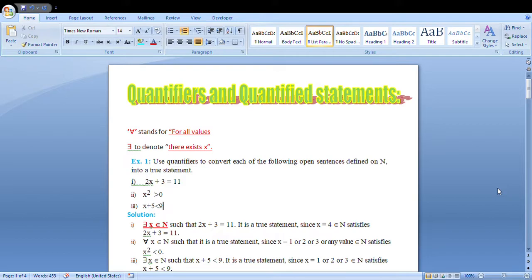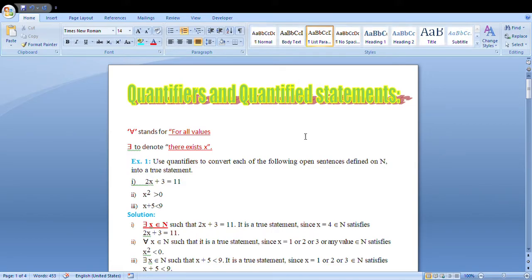Now, let us consider various values of x. We know that the square of 1 is 1, square of 2 is 4, for 3 it is 9, square of 4 is 16. Means take any value.